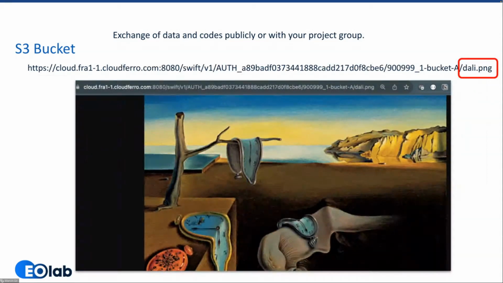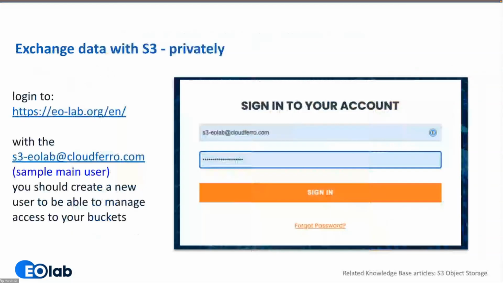Of course, I can download this file as well. So this is just the example of how easy it is to use the bucket sharing to the public. So anybody who has this link can access this object.